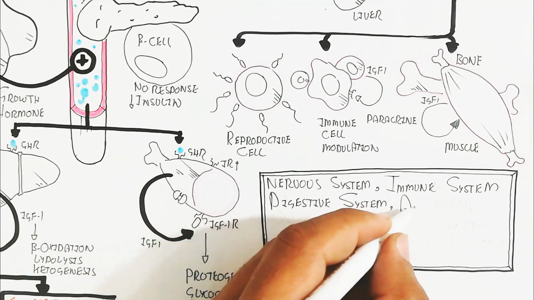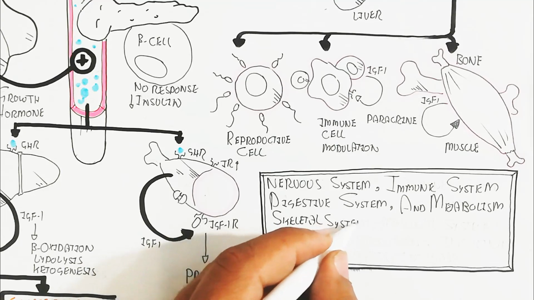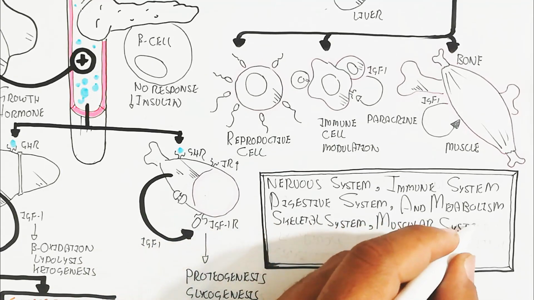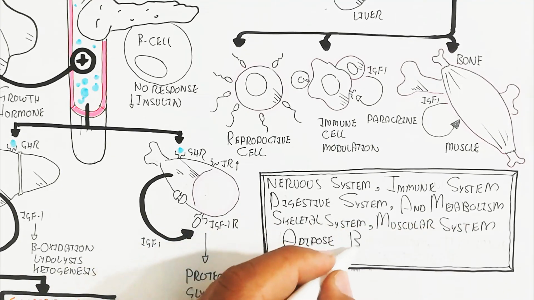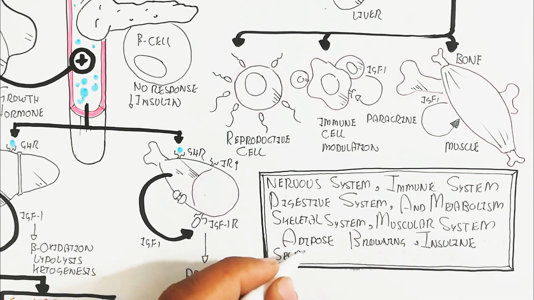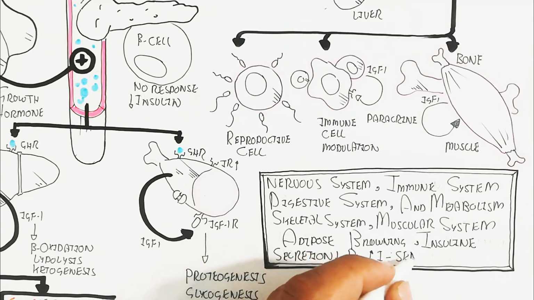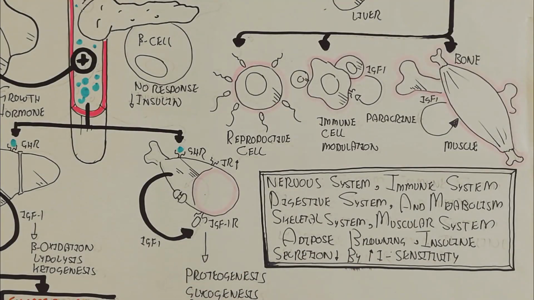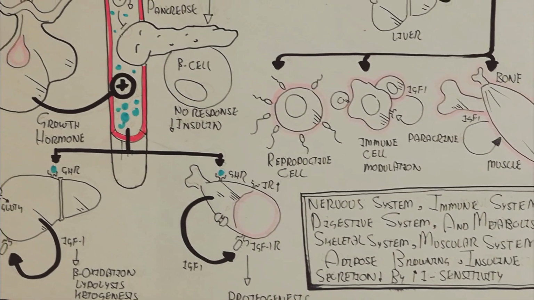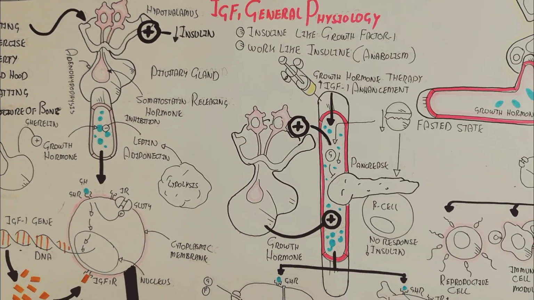In summary, IGF-1 general physiology involves the nervous system, immune system, digestive system, metabolism, skeletal system, muscular system, and adipose browning. Insulin secretion will decrease and insulin sensitivity will increase. Whenever insulin spikes, it will bind efficiently for glucose metabolism, influx of glucose, and glycogenesis.